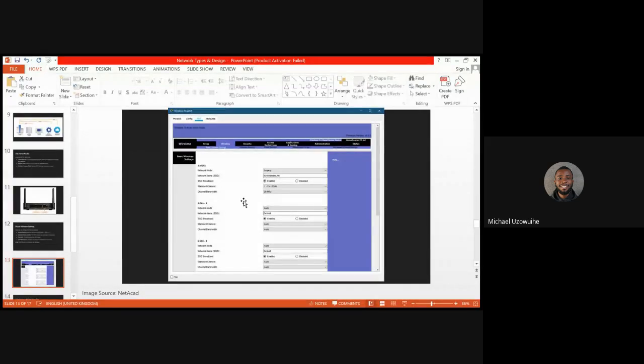Channel bandwidth, though we have talked about bandwidth before, is more of the capacity of what messages can pass through a channel, in megahertz or something like that. That's how much data a channel is capable of carrying. So these are the four essential settings.